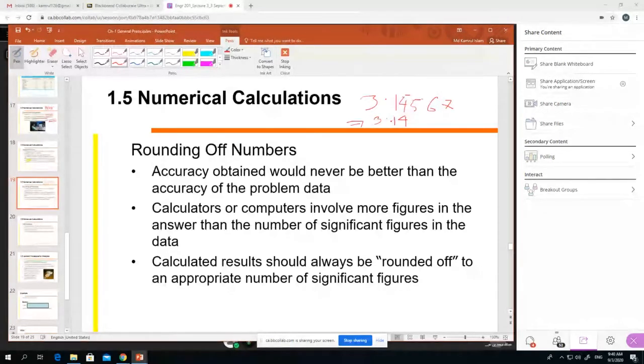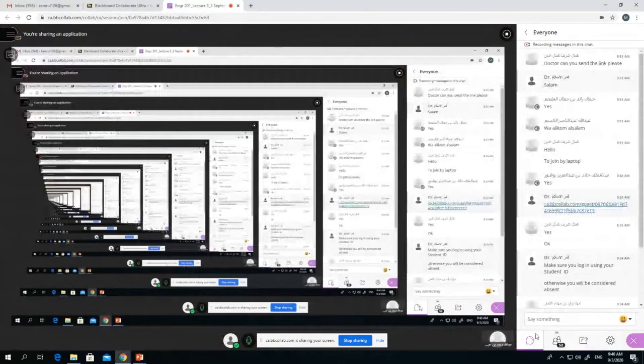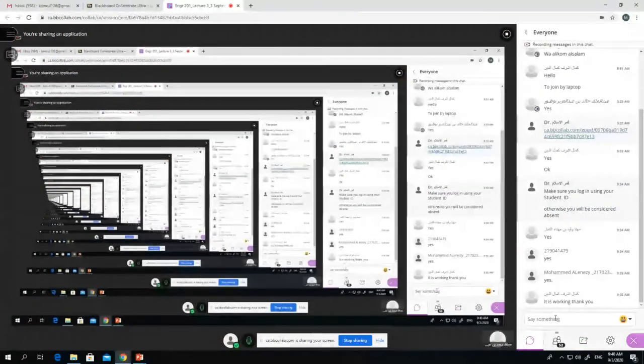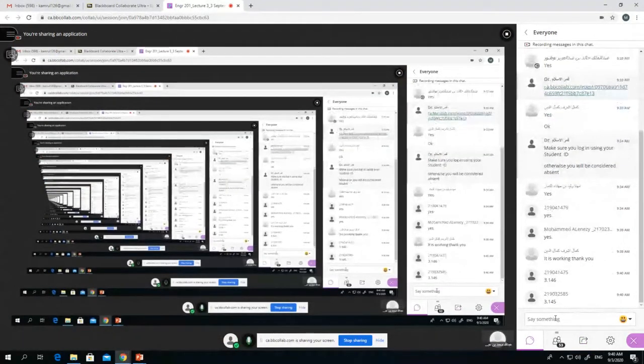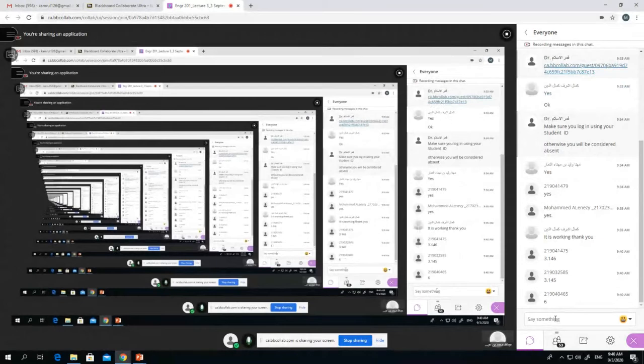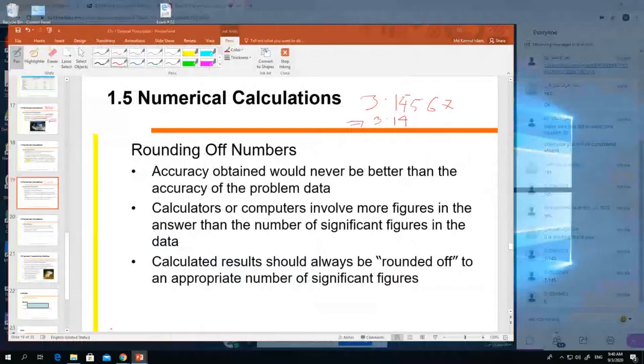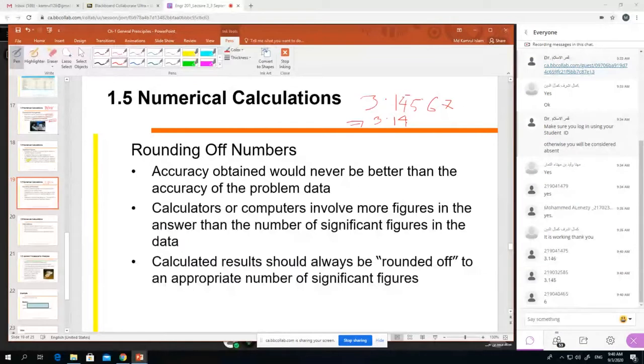Are you hearing me? Hello. Three point something, yes, right? So we'll write 3.6, right? Up to 3 digits. If I tell you write down up to 2 digits, then 3.1.